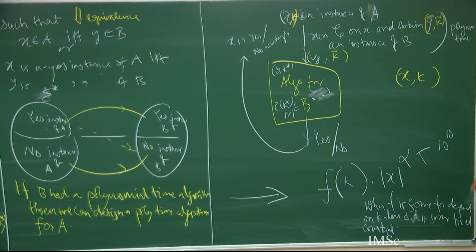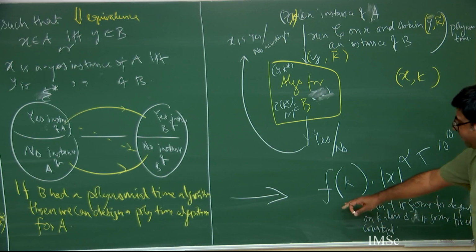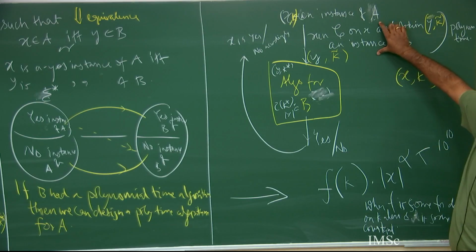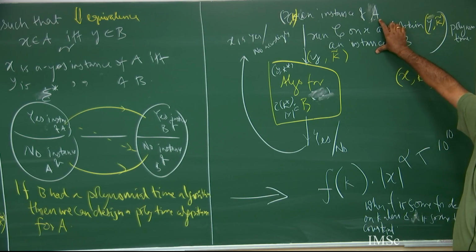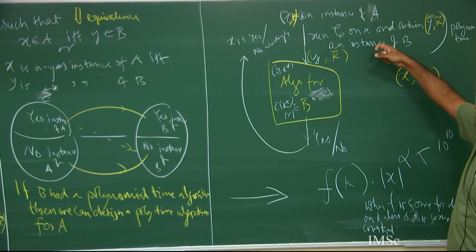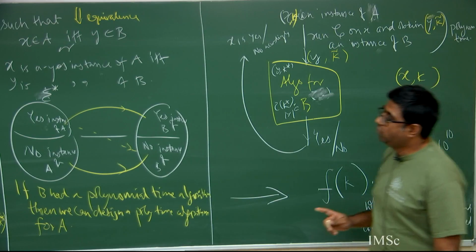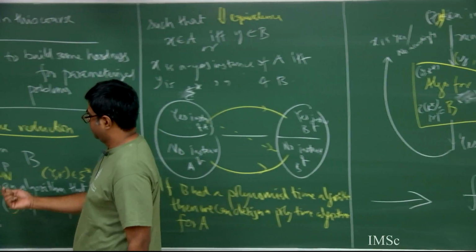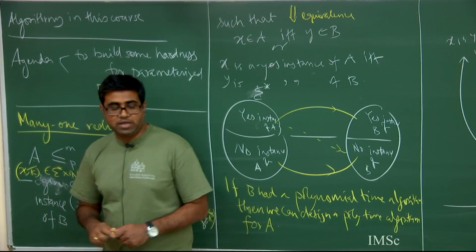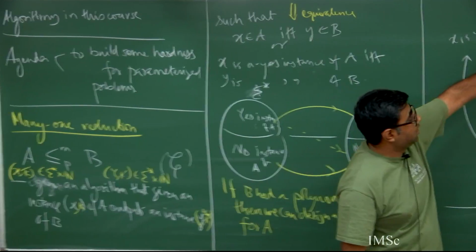Now, if this is my goal for some f, how much time can I allow this subroutine C to take, and still be okay? When we were doing polynomial time many-one reductions, we allowed ourselves to be polynomial here.